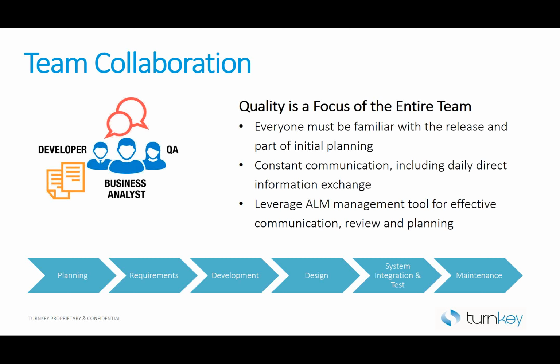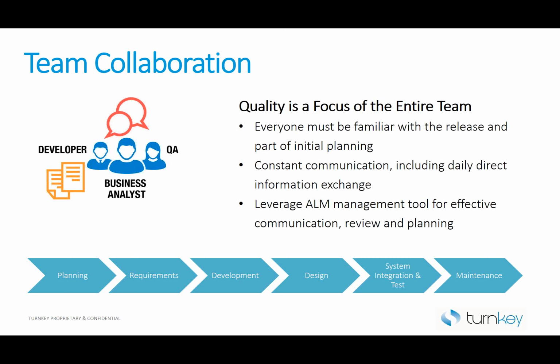Everybody has to be familiar with the release in all of its concepts, and be part of the initial planning. So rather than being sequential, again, it's integrated, which includes constant communication, information exchange, and leveraging effective ALM tools to collect all this information and be a central hub or repository of the information, which facilitates communication, review, and planning.